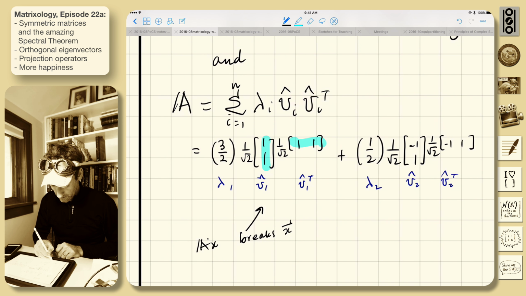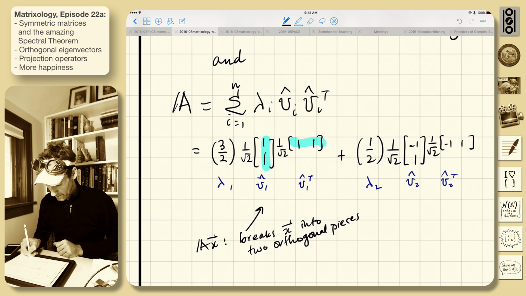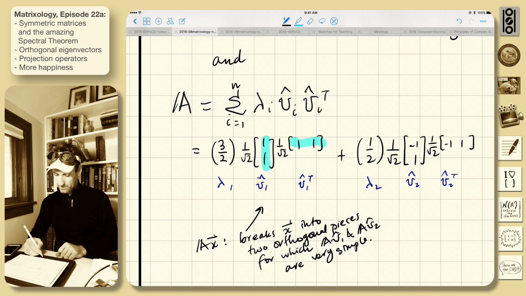For A times X, this clearly breaks X into two orthogonal pieces for which A times V1 and A times V2 are very simple because they're the eigen directions. Right, and then recombines.